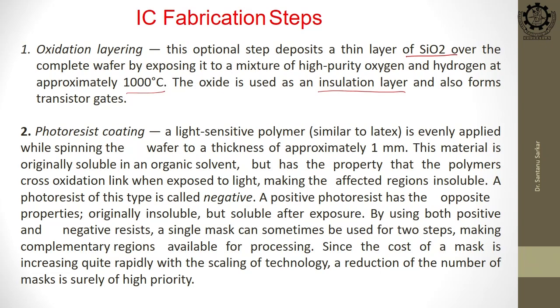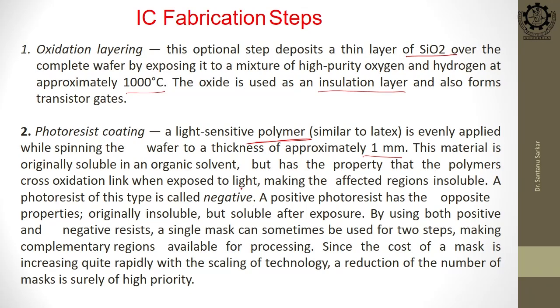Next is photoresist coating, a light sensitive polymer, that is your photoresist, whose thickness is approximately 1 millimeter. This is originally soluble in an organic solvent. So, these are some chemical processes.